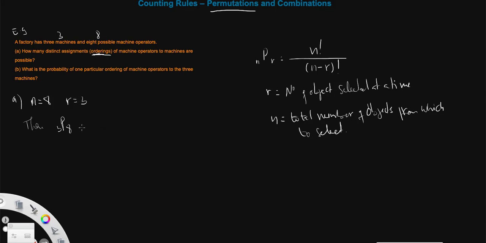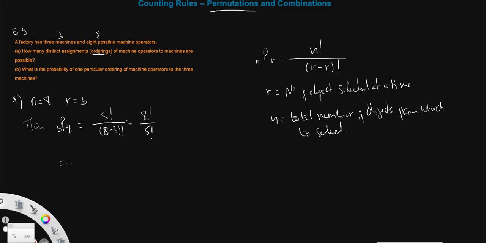So this is equal now to 8 factorial divided by (8 minus 3) factorial, which is 8 factorial divided by 5 factorial.